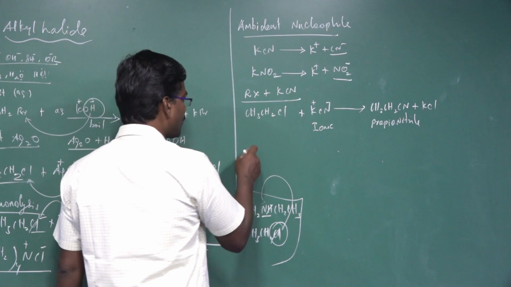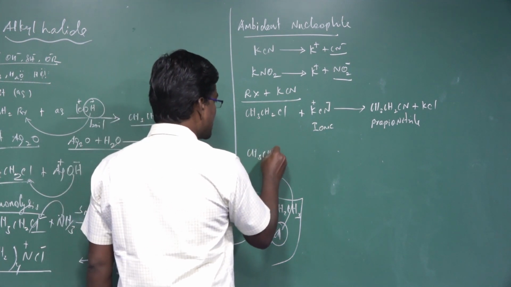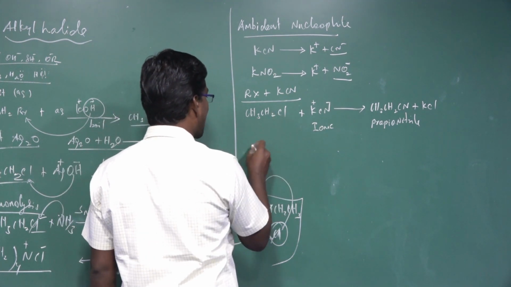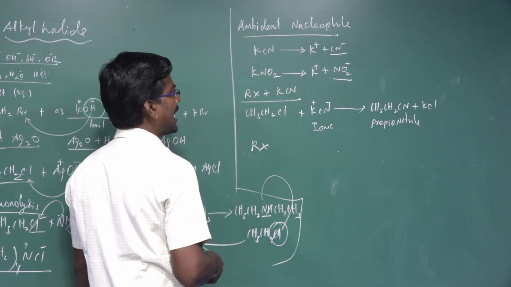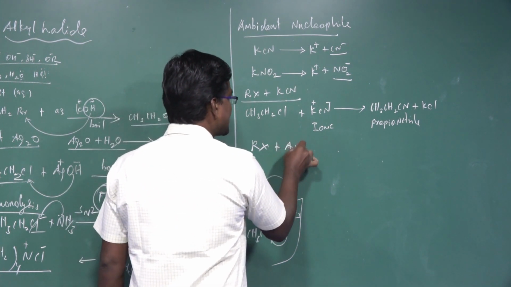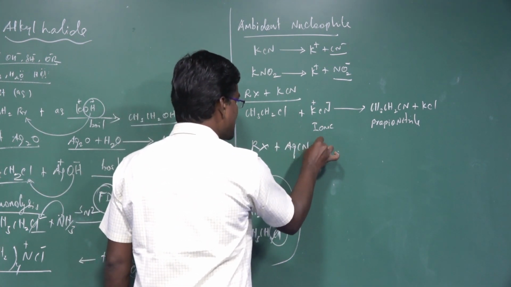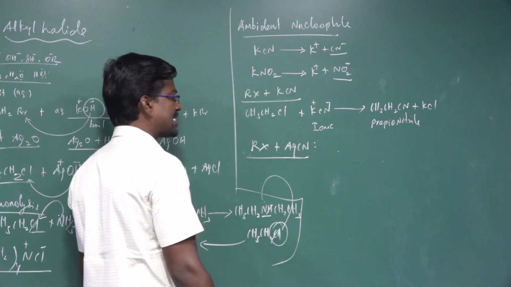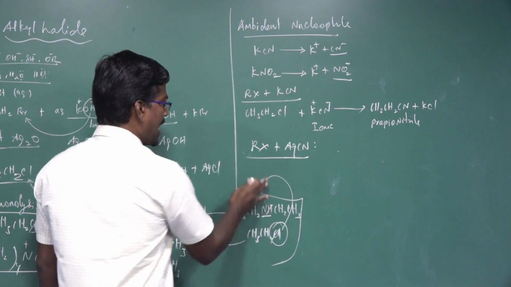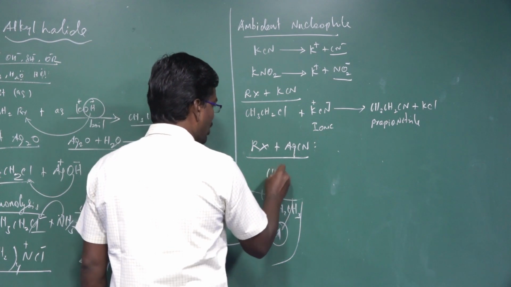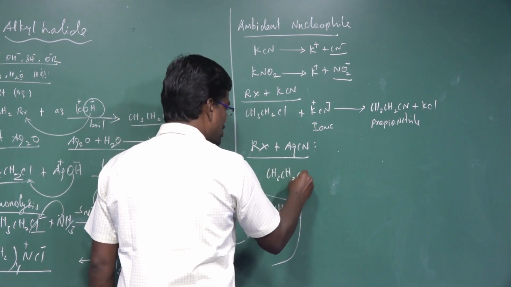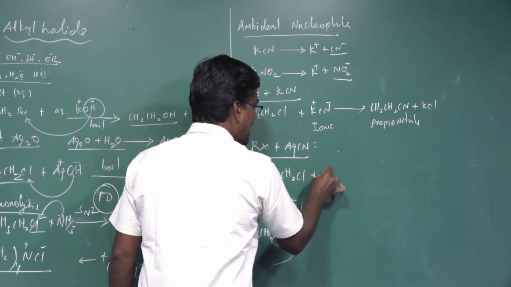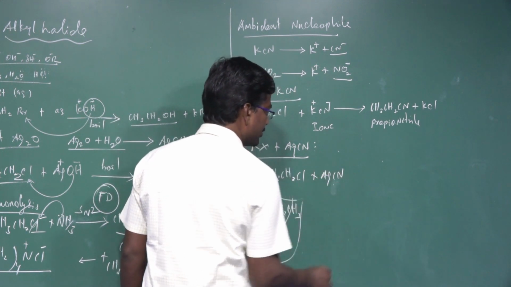Another one: alkyl halide RX, ethyl chloride CH3CH2Cl, reacts with silver cyanide, AgCN.